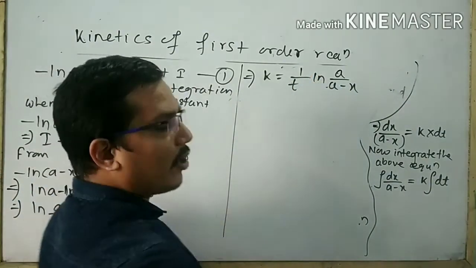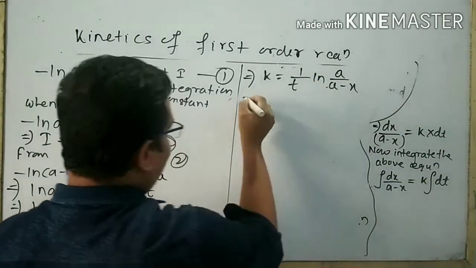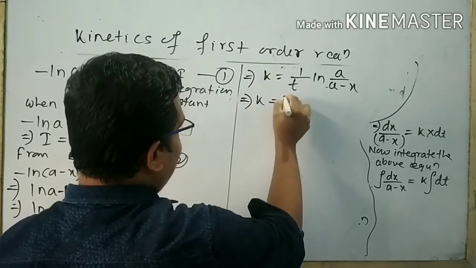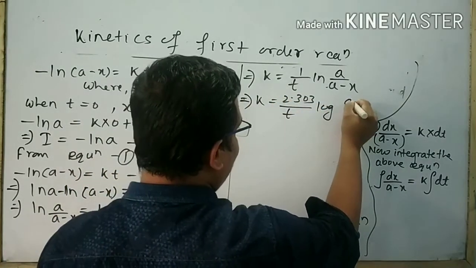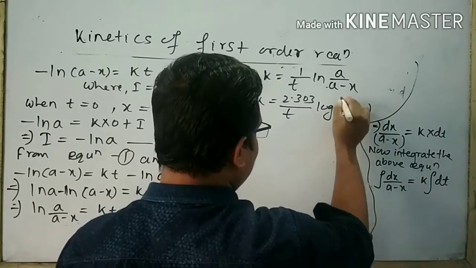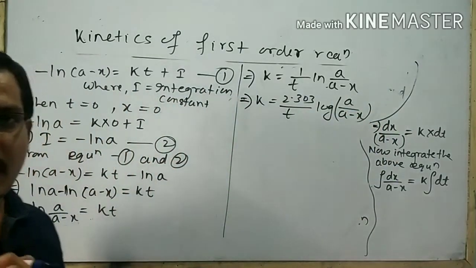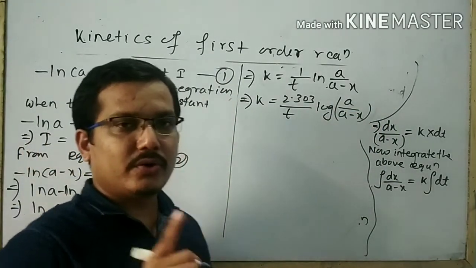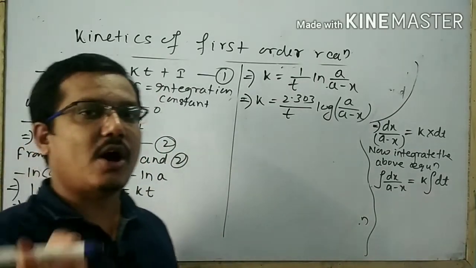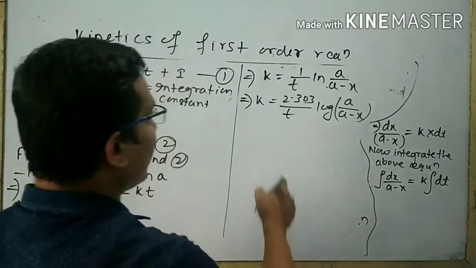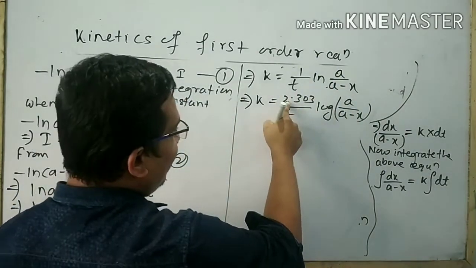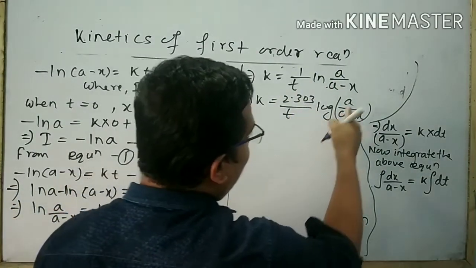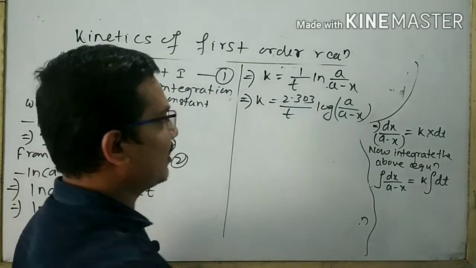Now convert the ln into log. So we can write k equals 2.303 divided by t log of a by (a minus x). We know that ln x is equal to 2.303 log x. So here ln a by (a minus x) is equal to 2.303 log of a by (a minus x).